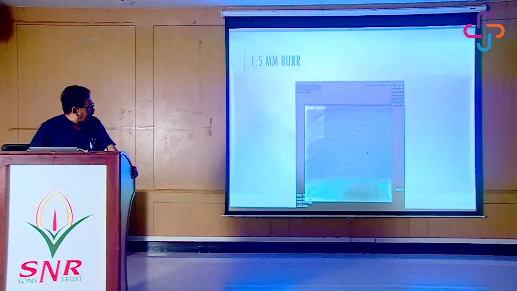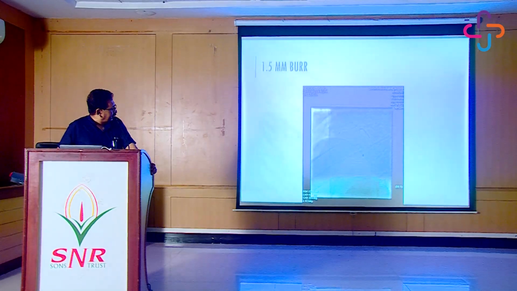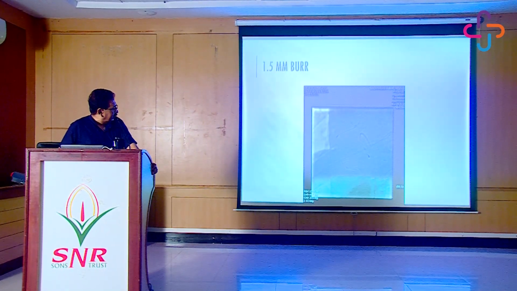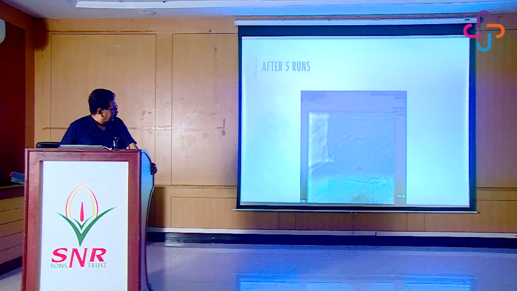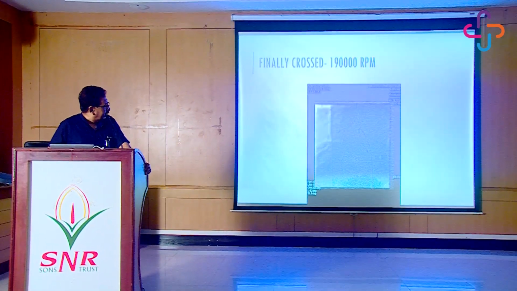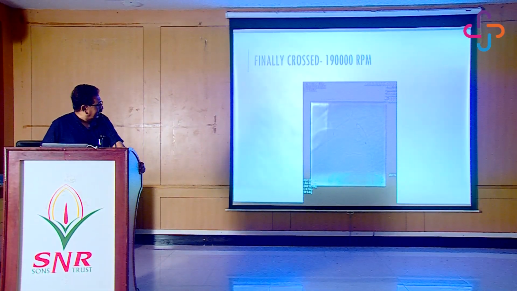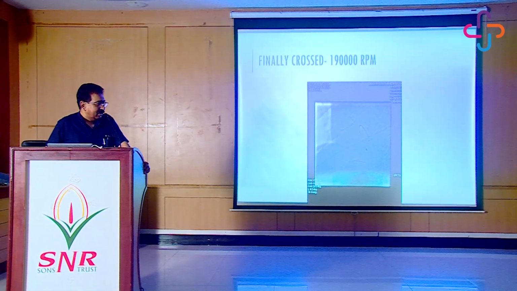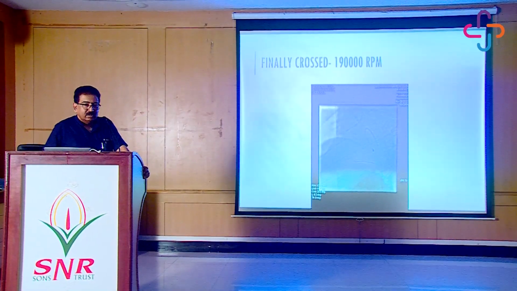This was after 5 runs of rotablation. You can see there's difficulty crossing that mid part of the lesion. Some channel has been created. This is after 5 runs. Then we increase the speed to 190,000 RPM. You can see here, finally it goes through.